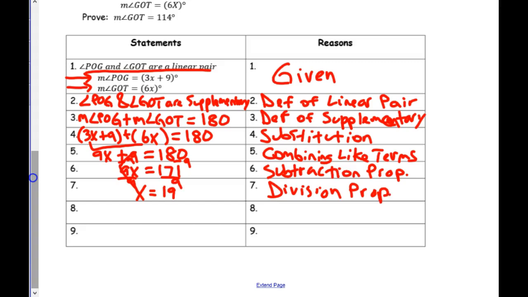Now we're going to substitute it into measure of angle GOT. So the measure of angle GOT equals 6x, but x is 19, so that's substitution.